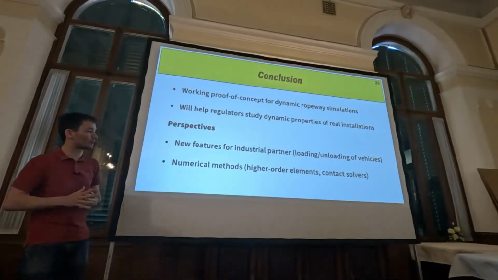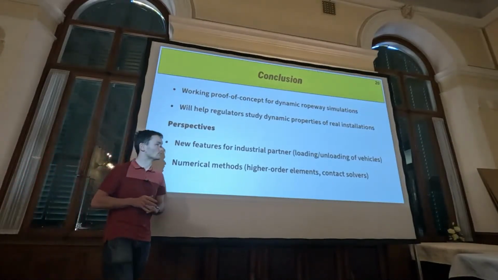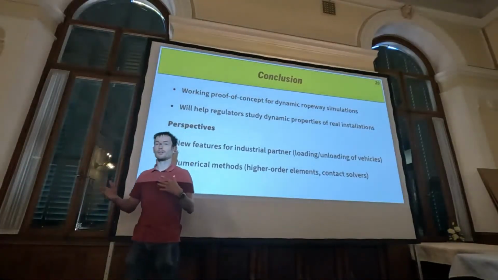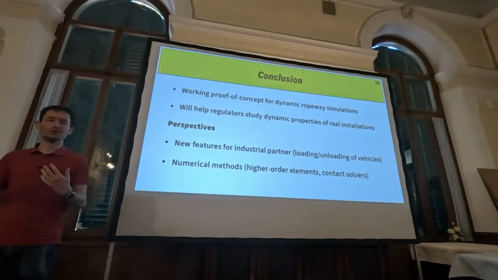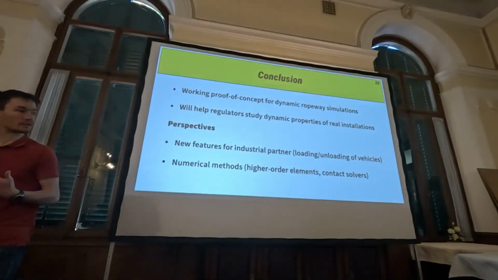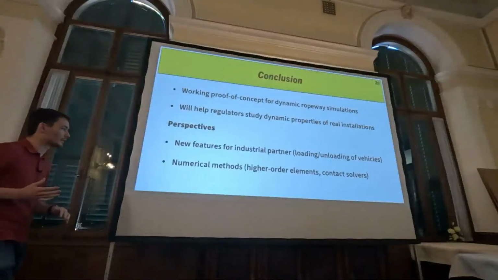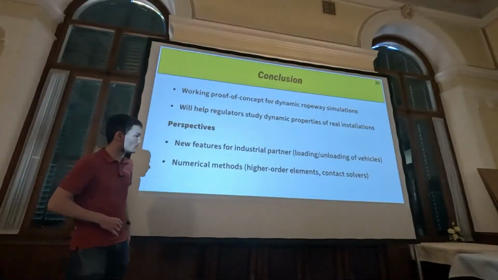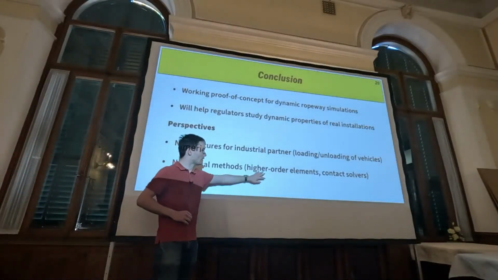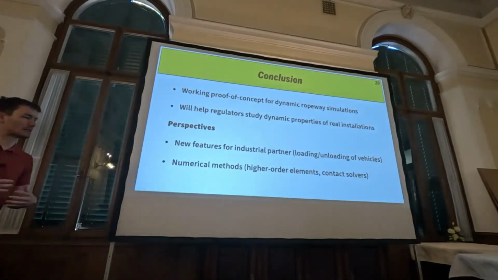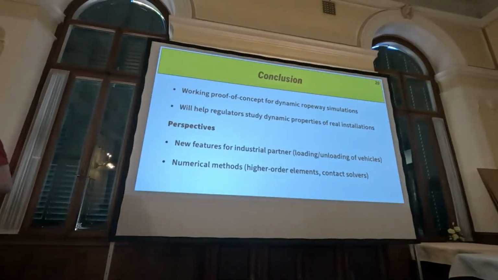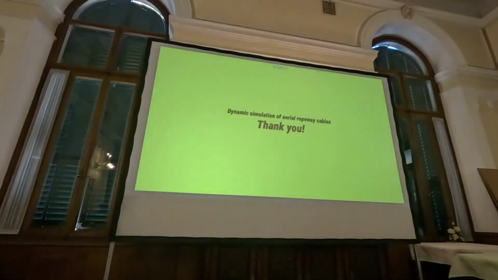First, the industrial partner is asking for new features like potentially putting different masses for vehicles to make a difference if there are people inside or not. And in terms of numerical method, we want to use higher order elements and maybe a better contact solver to scale up to larger numbers of elements. And that's all. Thank you.